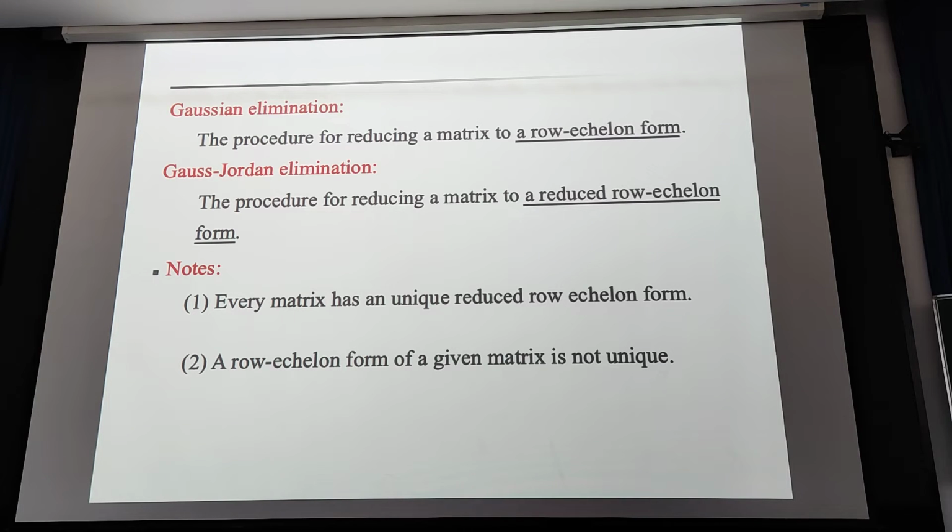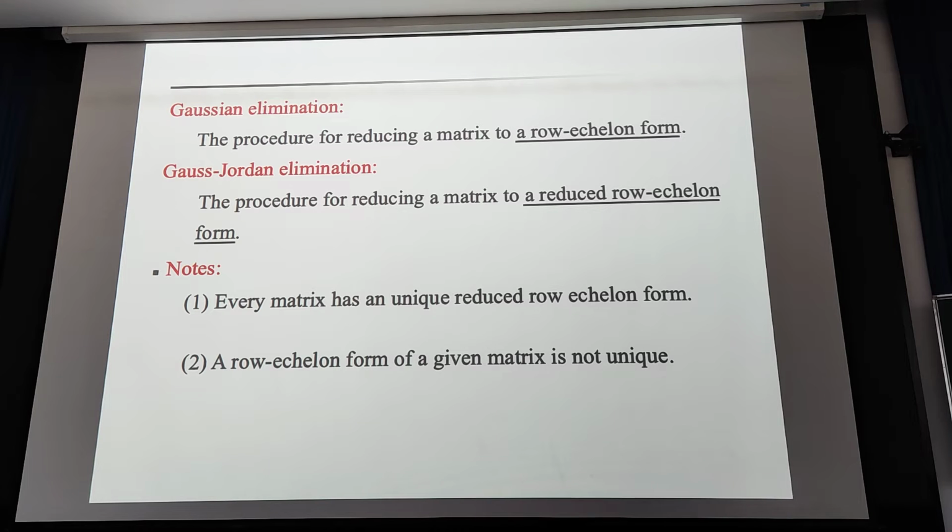Then, with the notion of row echelon form and the notion of row operation, now we can write down what is Gaussian elimination and Gauss-Jordan elimination. The Gaussian elimination is the procedure to reduce any matrix into row echelon form.